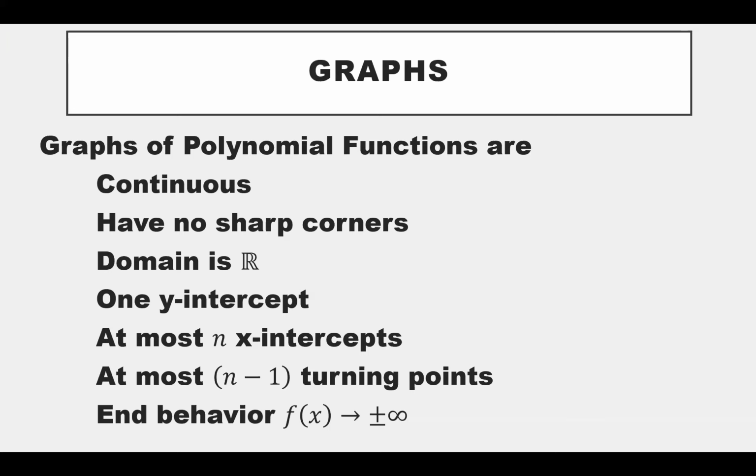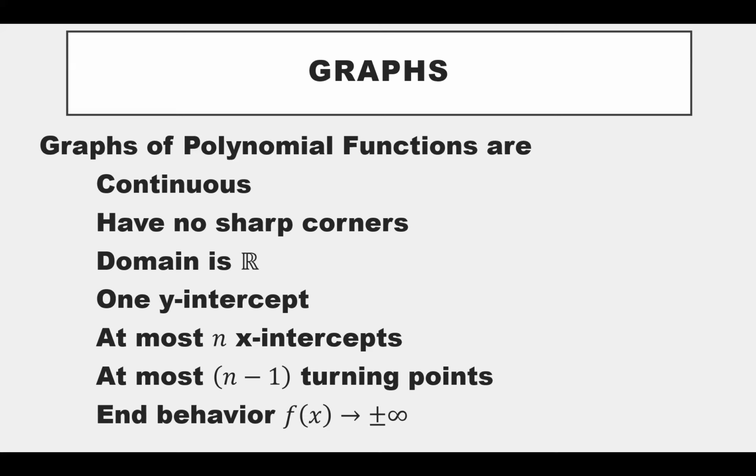Each polynomial function will have one y-intercept and at most n x-intercepts. That is, a polynomial function of degree n will have at most n x-intercepts, and at most n minus 1 turning points. That's where the graph can turn from increasing to decreasing or from decreasing to increasing.